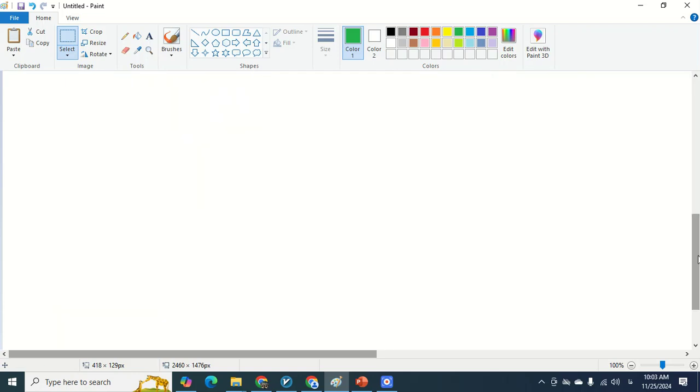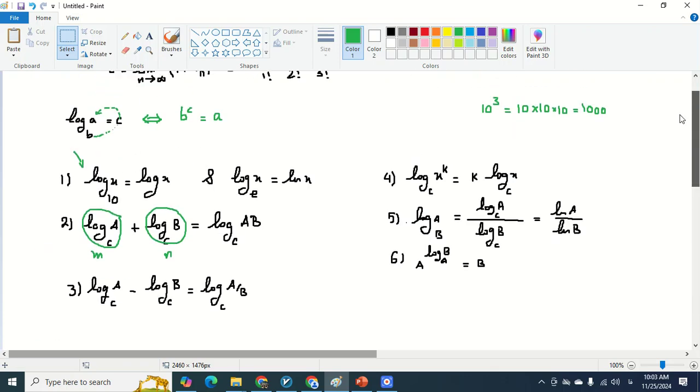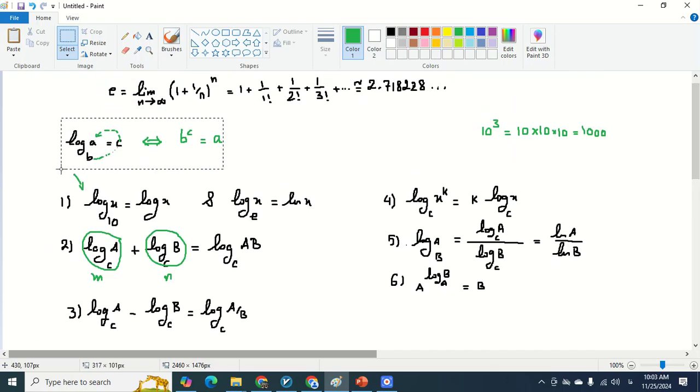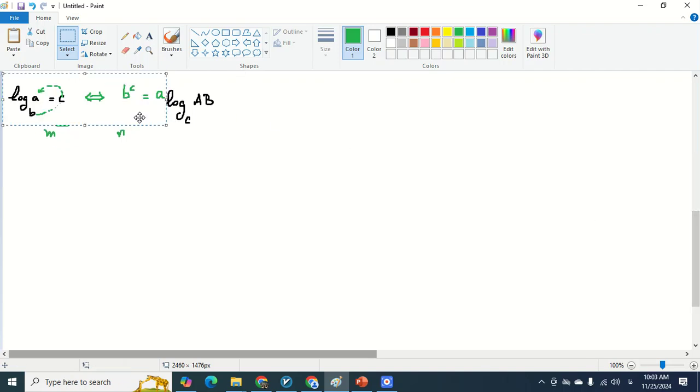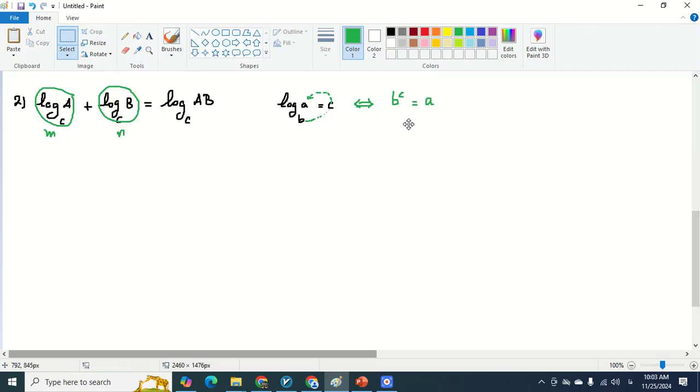So let us take a look over here. If we consider this one and keep the definition of the logarithm, then you can see that this is an immediate consequence of the definition.